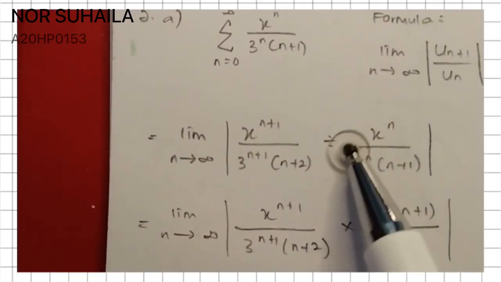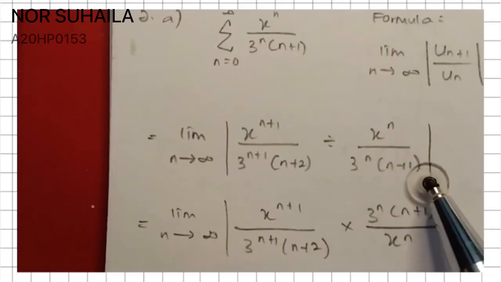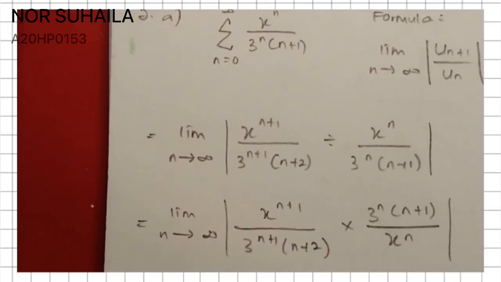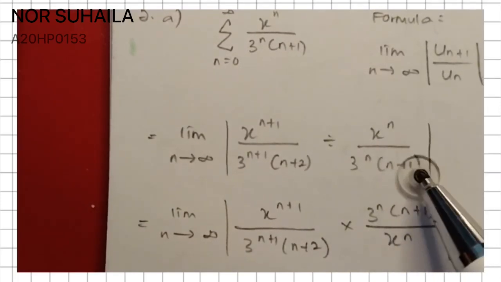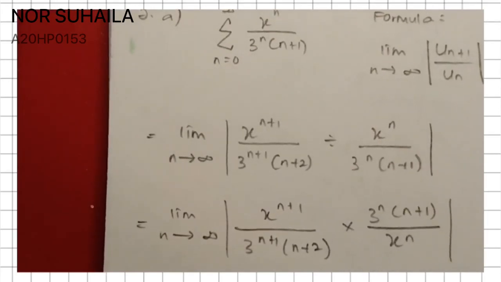When we divide, we change the operation to a multiplication and flip the denominator, so x^n goes down and 3^n goes up.